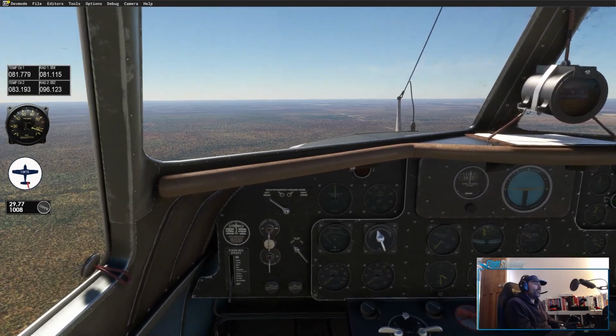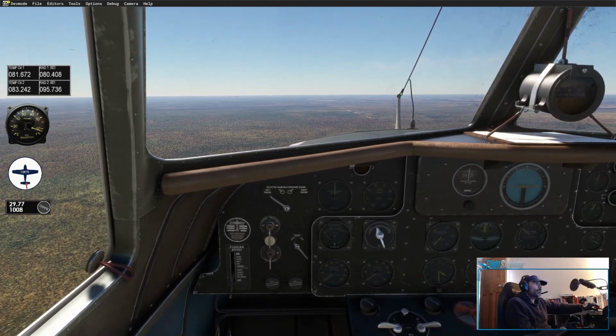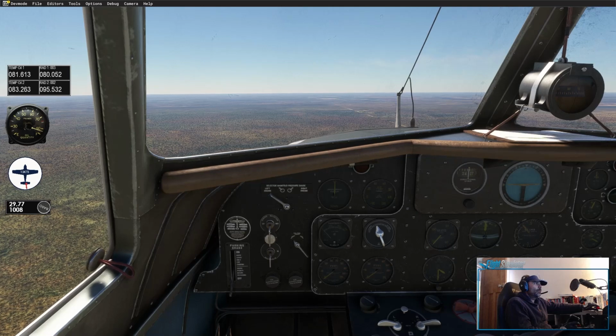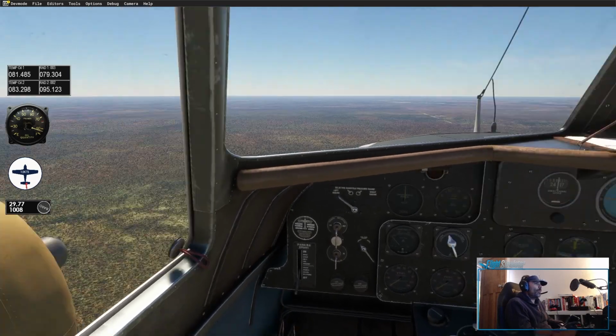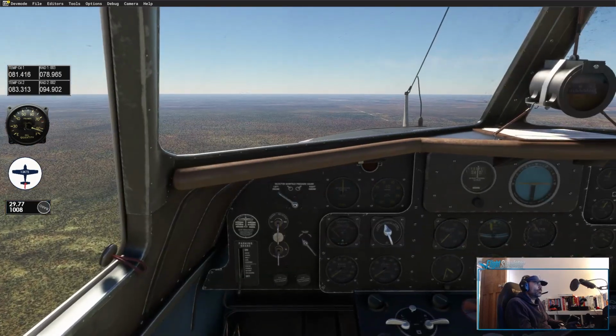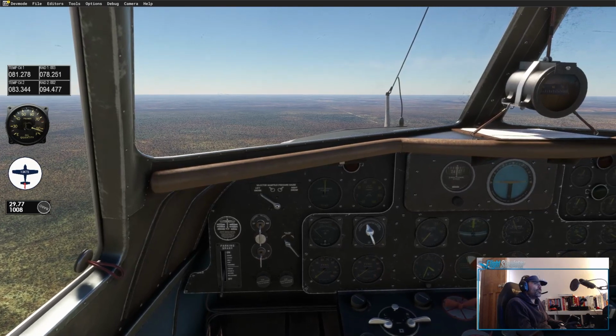So there is no way of keeping them steady. I'm opening them slightly. Very, very little. And look how much it's going to drop.